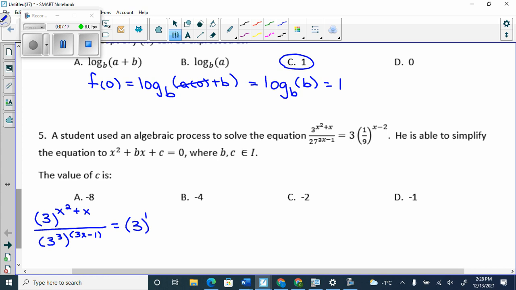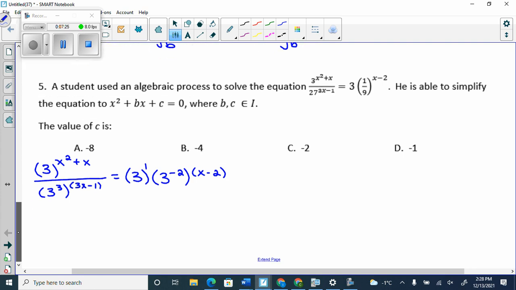And then 9, which is 1 over 9, is 3 to the negative 2, to the x minus 2. So here I'm going to get 3 to the x squared plus x over 3 to the 9x minus 3 equals 3 to the 1 times 3 to the negative 2x plus 4.